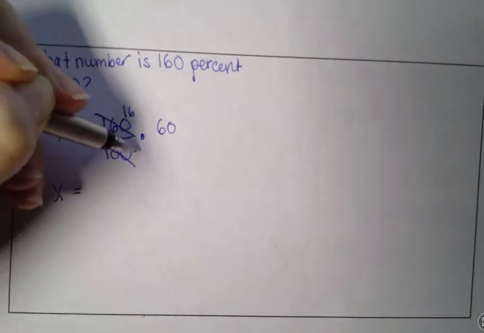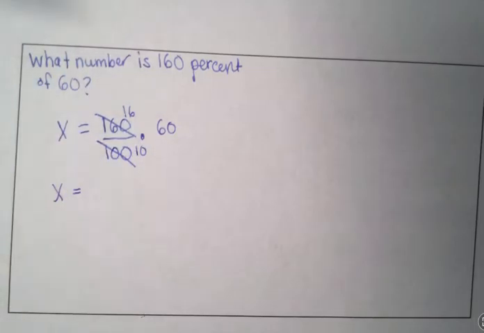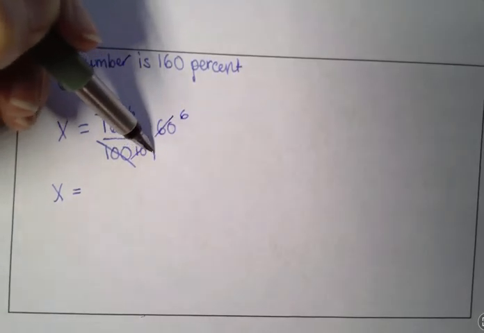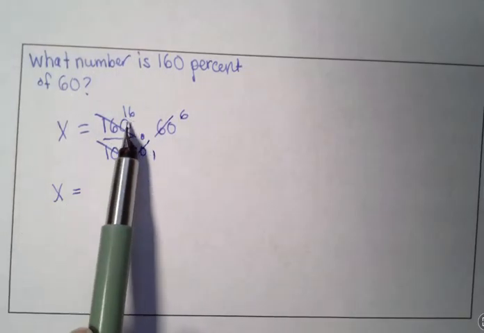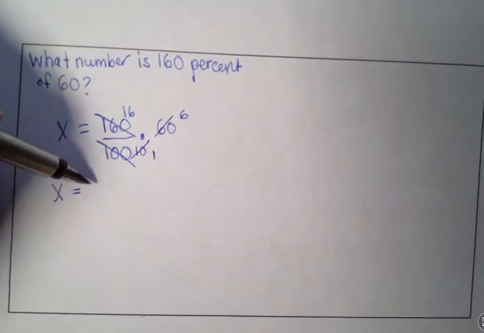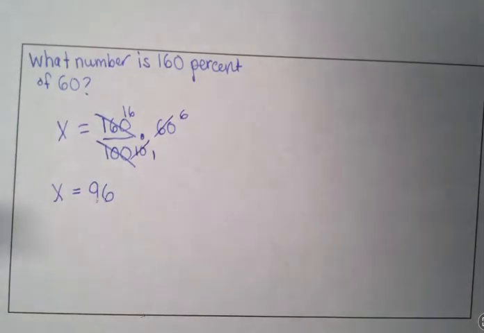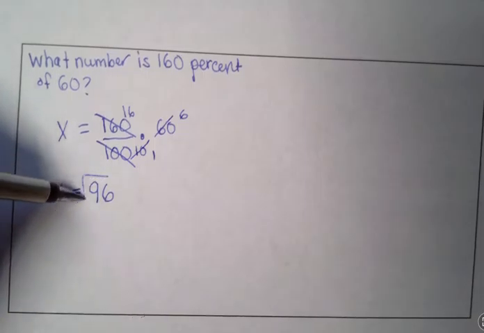I get 16 over 10. I can cancel again because 10 and 60 are both divisible by 10. So that would be 6 and that would be 1. And then I have simply 16 times 6, which is 96. So my what number here is 96.